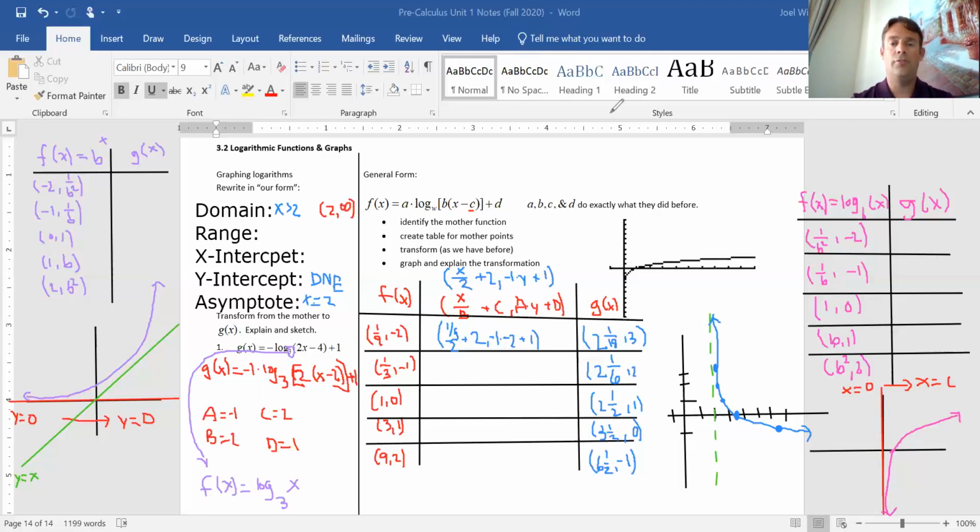All right, let's see here. Our range, all real numbers. And then our x-intercept. Well, the x-intercept is when our y value is 0. So that's going to take a little bit of work here again. So let's try that here. Let's put y in for 0. I'm going to have to do a little bit of math, not quite as much as before.